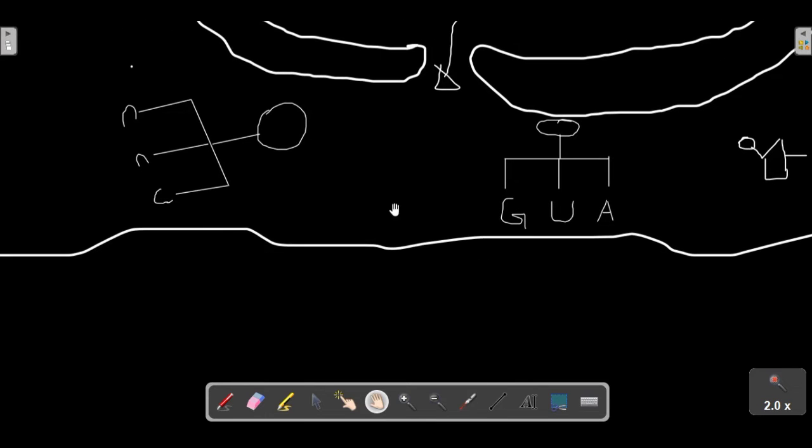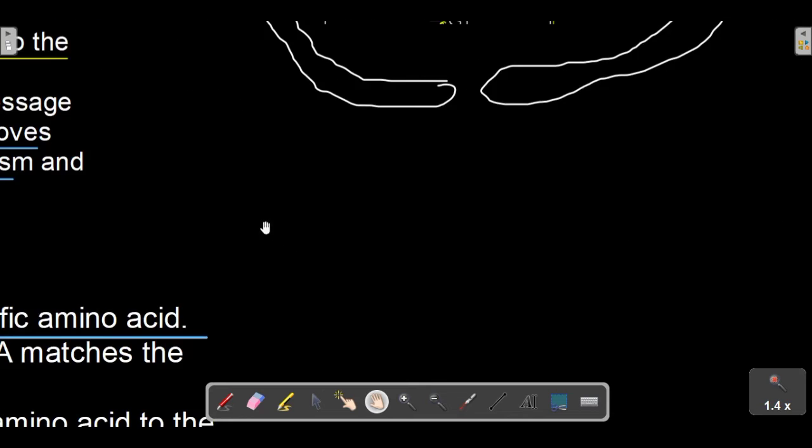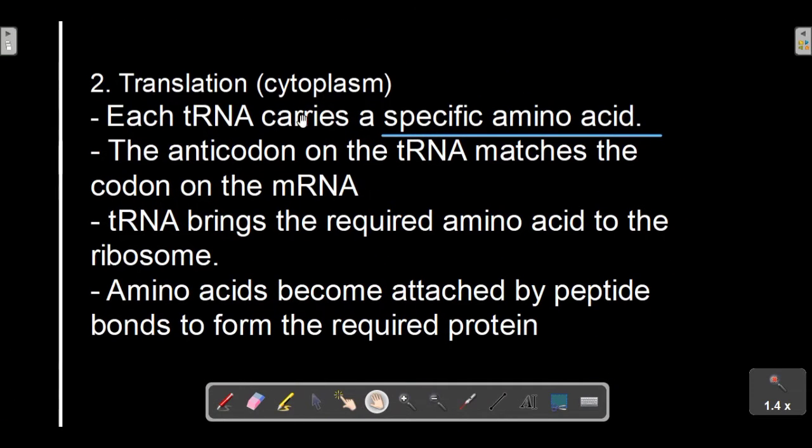So we have each tRNA in the cytoplasm like that, and of course it's carrying along an amino acid, which will bond with other amino acids to form that protein that we need. And then the second thing that happens is that the anticodon on the tRNA matches the codon on the mRNA.